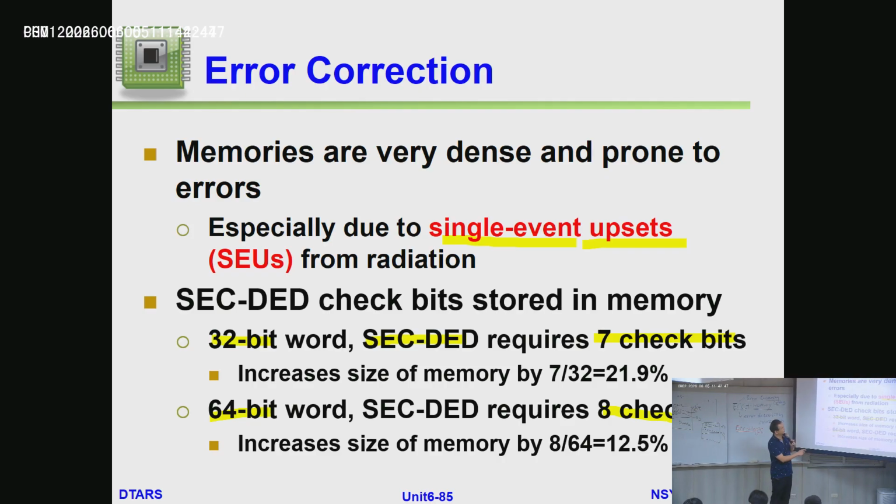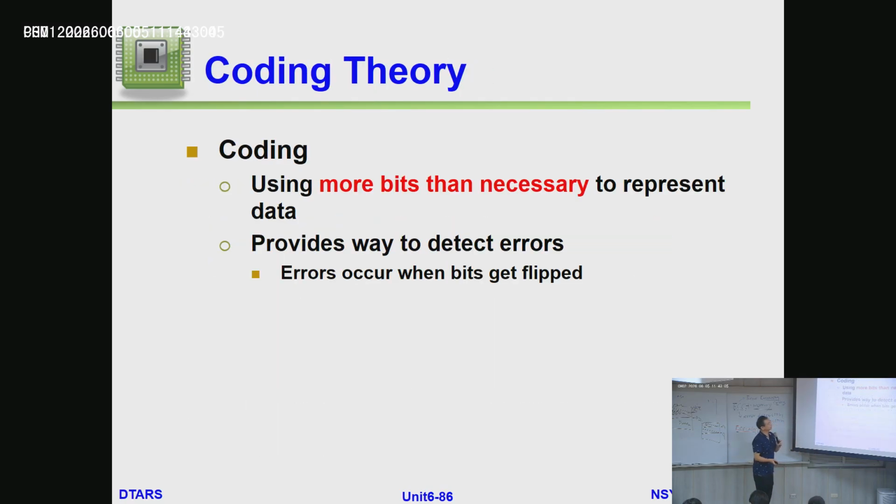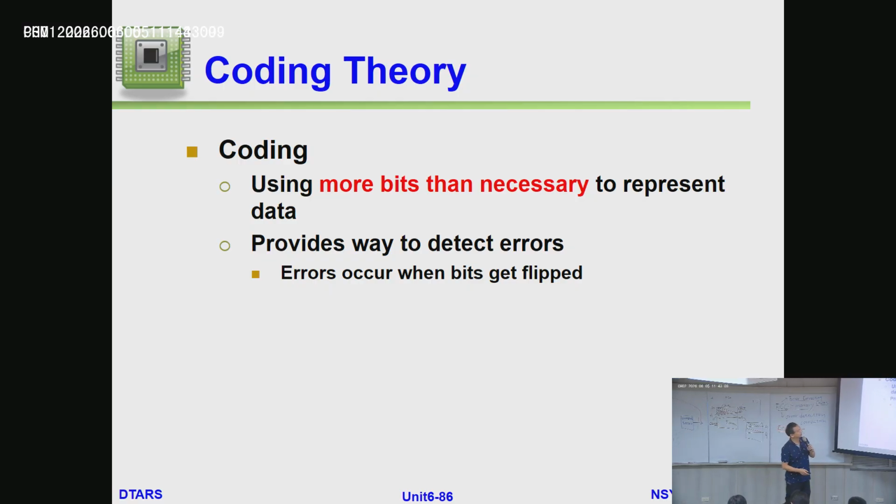So you can see that for different memory specifications, you will have this cost. This is why we say that if we allow more check bits, then we can have these capabilities. Okay, so this is for ECC. For this part, because maybe we don't have enough time to go through every part, I will just let you know that for coding, they use more bits than necessary to represent data.